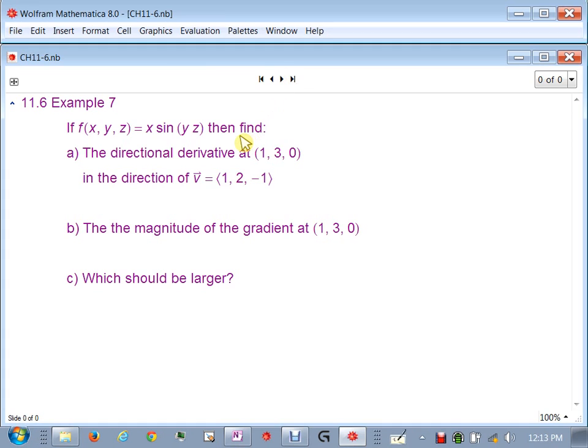All of these concepts extend, like I said, to functions of more than 2 variables. If I have a function f of x, y, z equal to x sine y, z, part A says find the directional derivative at a point in a direction. Then find the magnitude of the gradient at that point, and then it says which of these should be larger.